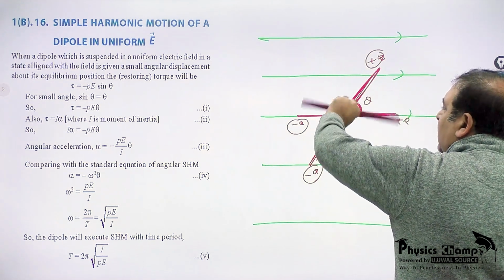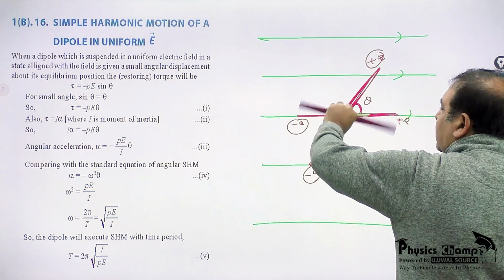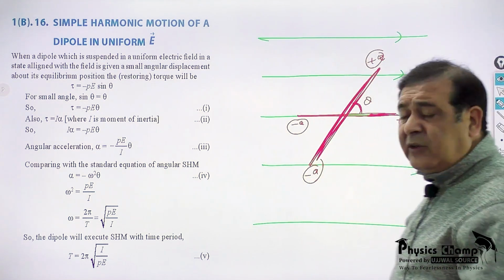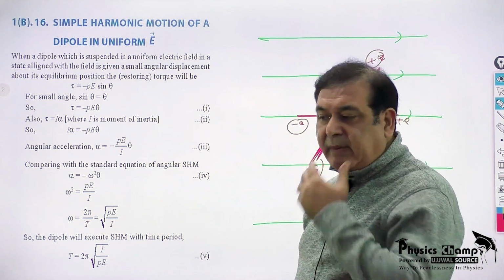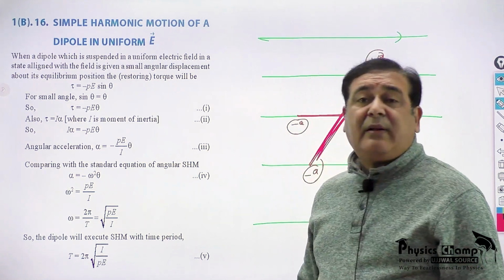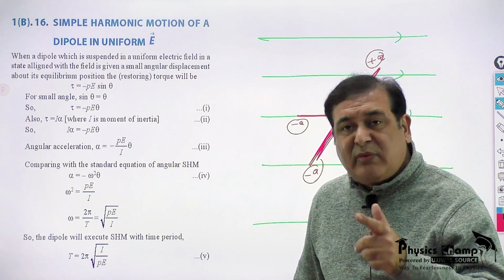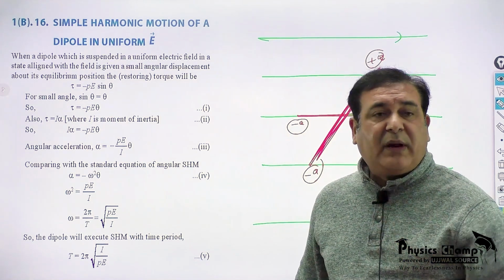I want to know, if it will do simple harmonic motion, what is the time period? So that's what we are looking for: a dipole which was aligned is made to turn, then released, it will do simple harmonic motion. What is going to be the time period?